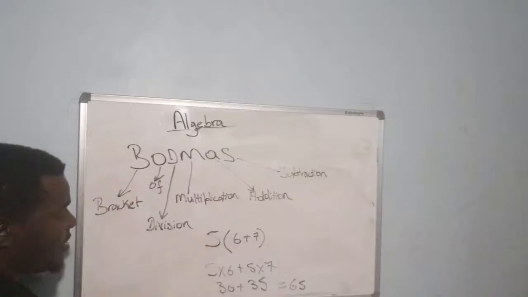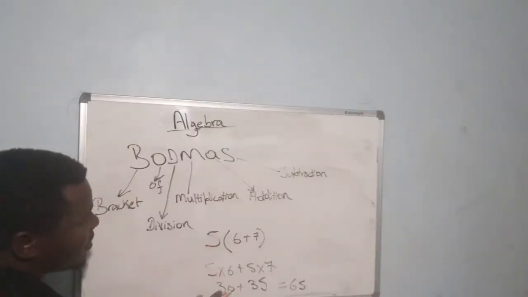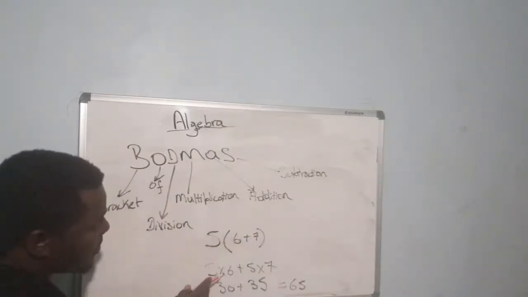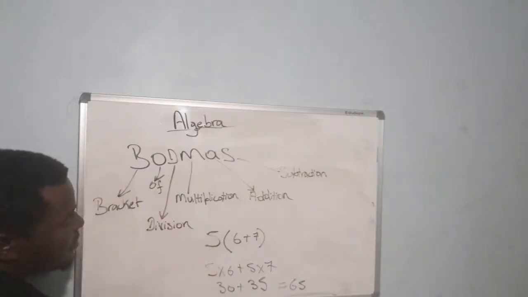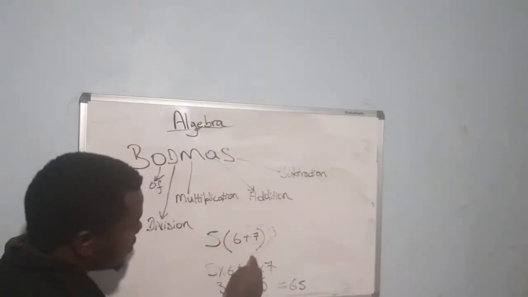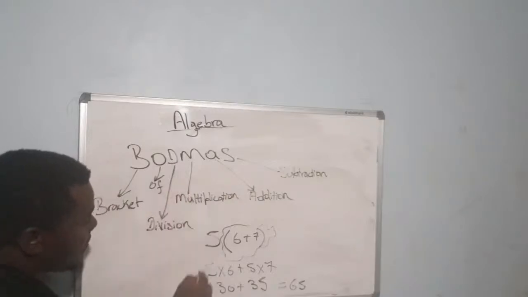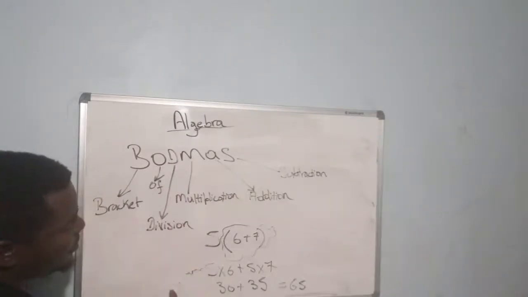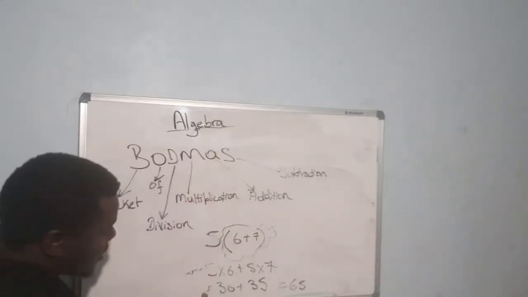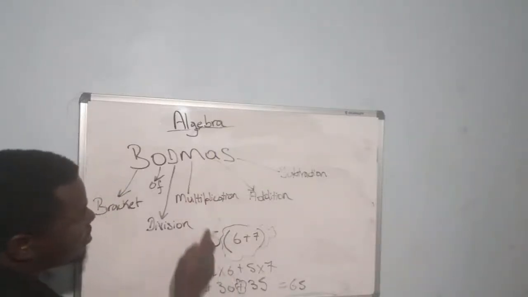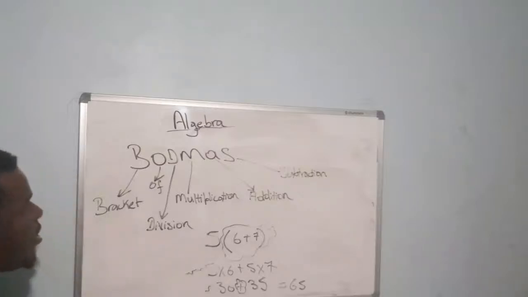Alright, as you can see, because we didn't have any subtraction here, we have completed the bracket first, then we started multiplying, and then we started adding. We completed the bracket first, and then we start the multiplication, because there is no division, and then we start the addition, according to this BODMAS.